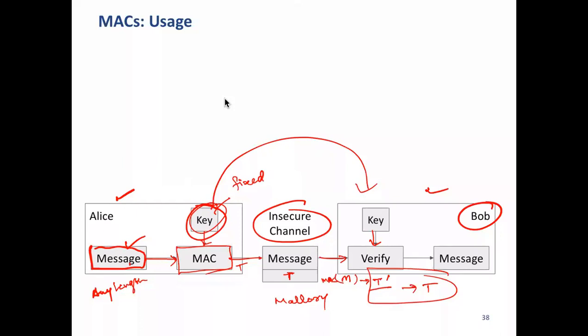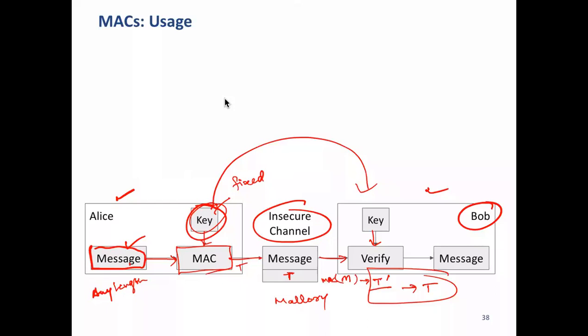Bob will look at the message and apply the MAC function, using the key, and then it will get a tag.